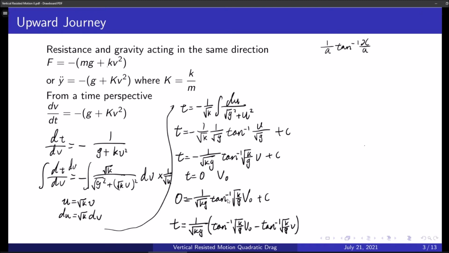Of course, if you really want, you can now rearrange everything and make v the subject, so we have a function of v in terms of t.